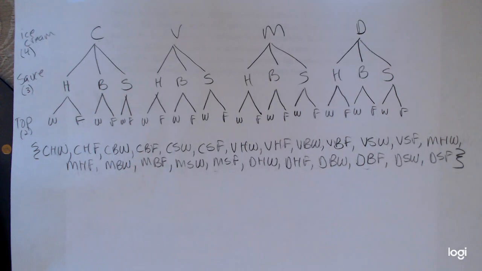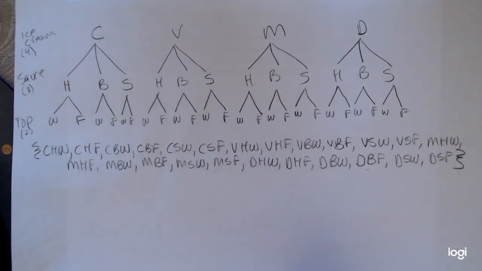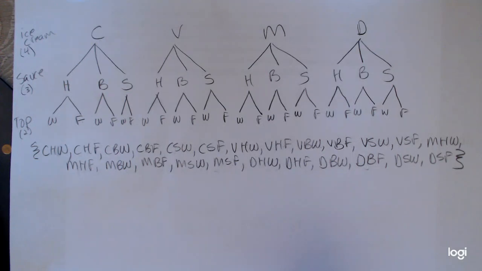Now, as I said in the beginning of the video, I expected to have 24 of these. Now, how did I know that? Well, I used something called the fundamental counting principle, which is typically covered in the same chapter or section that tree diagrams or generating sample spaces is covered.